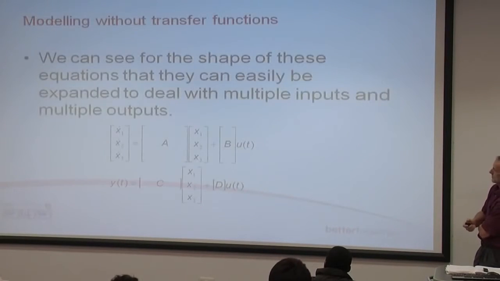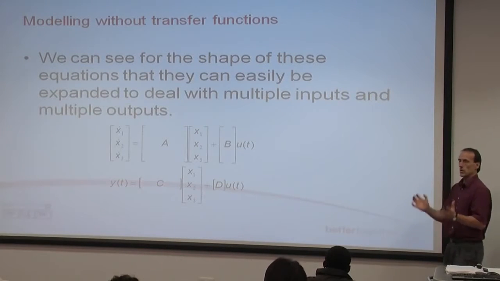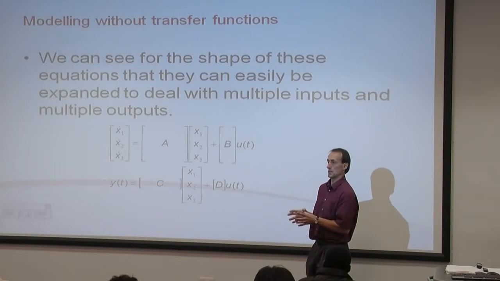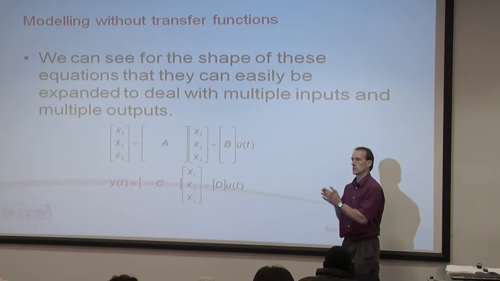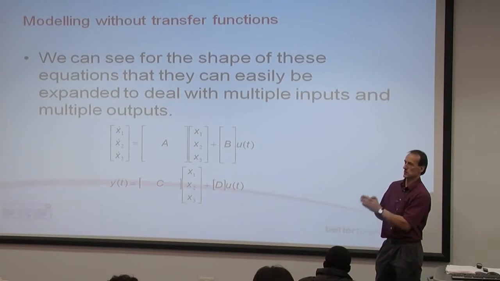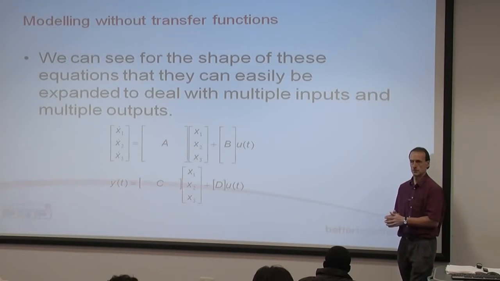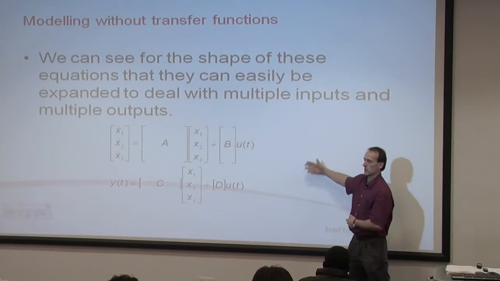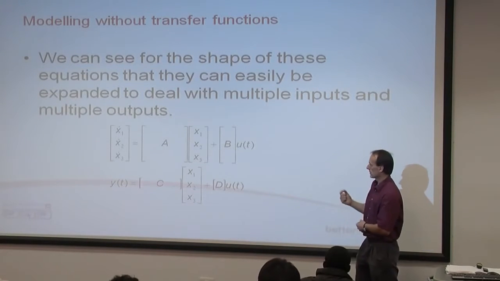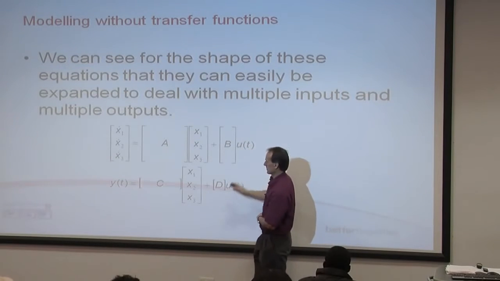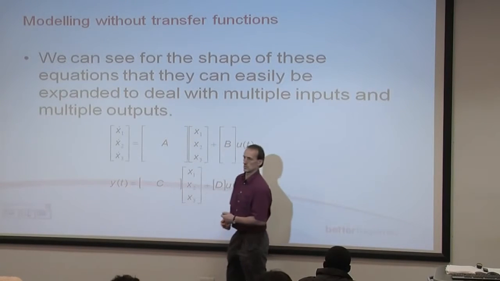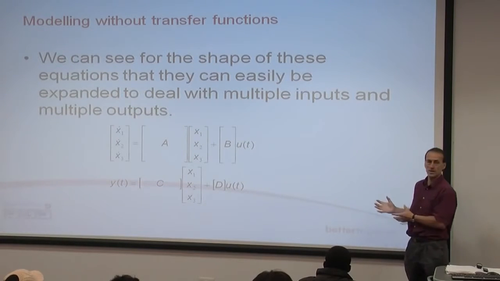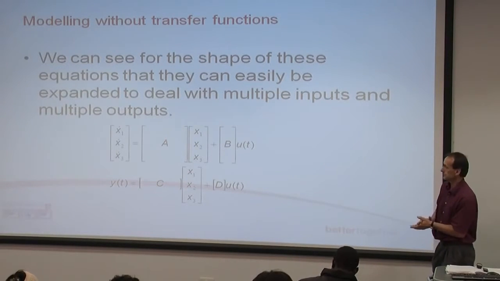Right, let's not go to time just yet. So that's one concept I want you to get hold of. The stuff that we've done is really quite limited. Transfer functions relate one input to one output. And that's all you've got. When we move to state space representation like this, we can relate multiple inputs to multiple outputs. The maths allows us to do that because we've moved into a matrix modeling structure.